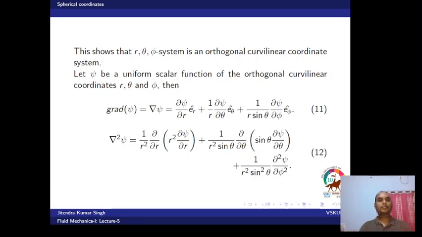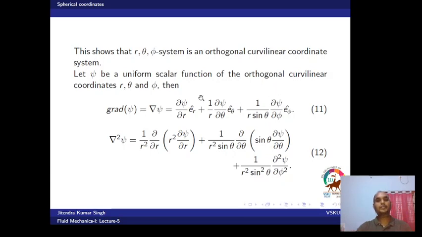Now we shall find the gradient of a scalar function psi in the orthogonal curvilinear coordinate system, that is, the spherical coordinate system r, theta, phi. So grad psi, which is equal to nabla psi, we know is 1 by h1 dou psi by dou u1 e1 plus 1 by h2 dou psi by dou u2 e2 plus 1 by h3 dou psi by dou u3 e3.